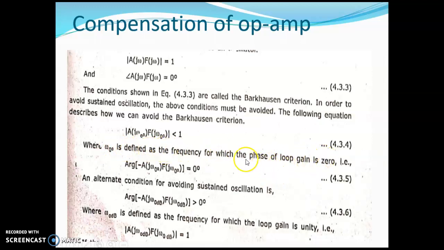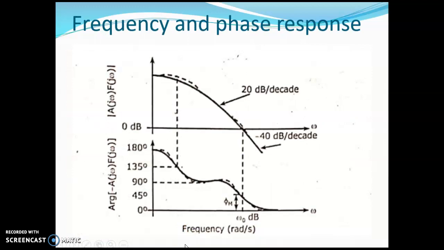At that frequency the phase shift is 0 and the gain is less than 1. When the loop gain is unity, the phase shift is greater than 0 and the gain is 1. These are the frequency and phase responses for this general op-amp. You can note down the frequency and phase shift response here.